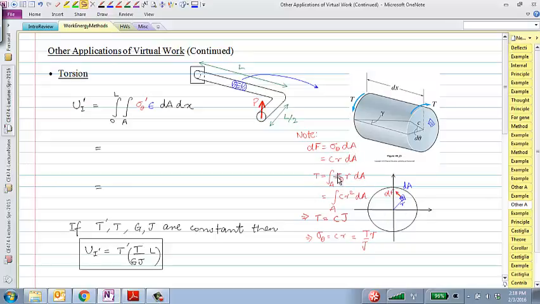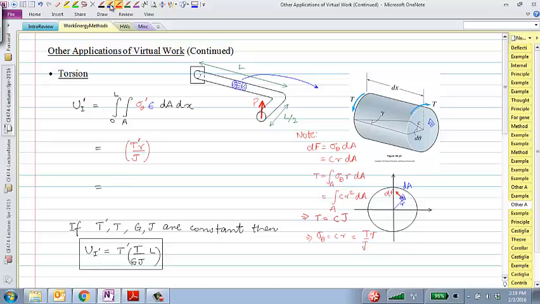That gives me T. And if you just follow the logic, you will be able to see that sigma theta, the torsional stress, is simply equal to T, the applied torsional moment, divided by J, the polar moment of inertia that hopefully you all remember, times the radius, or the distance from the center, r. So with that, we can write this as T r over J. That's, and actually T prime, because that's the virtual torsional moment.